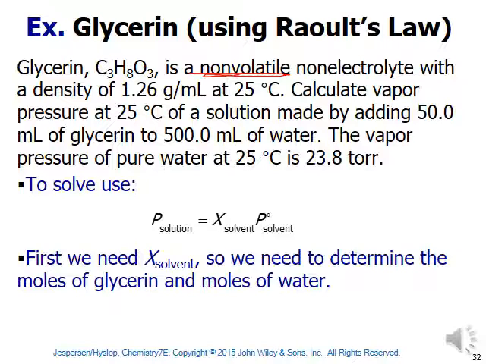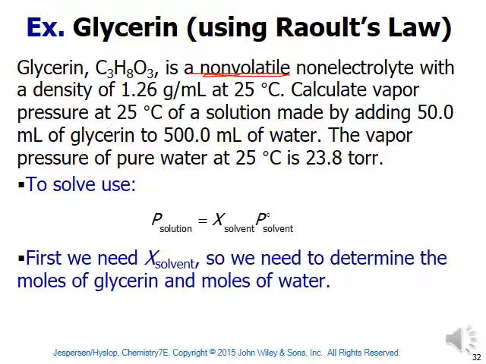It has a density of 1.26 grams of solution per 1 mL. What is the vapor pressure at 25 degrees if we add 500 grams of glycerin to 500 mL of water? The vapor pressure of pure water is 23.8. So water's initial vapor pressure is 23.8 torr.